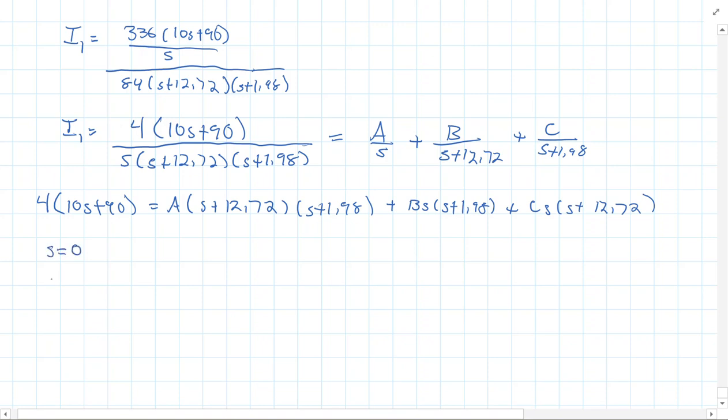S equals 0: 4 times 90 is equal to a times 12.72 times 1.98.